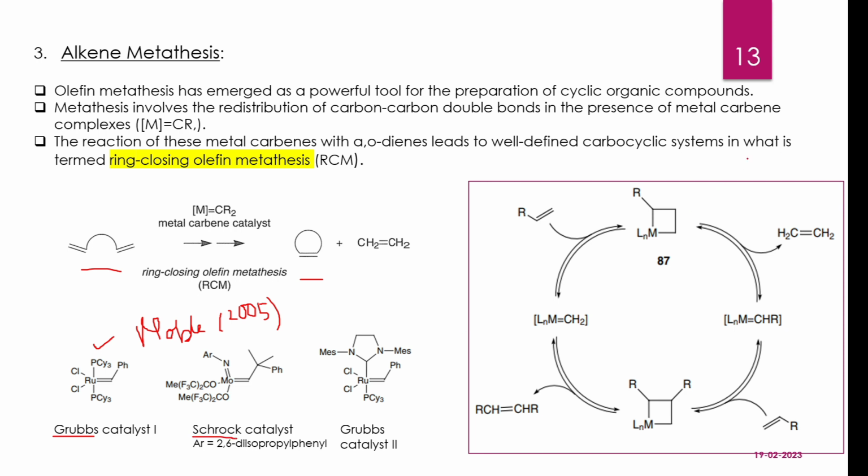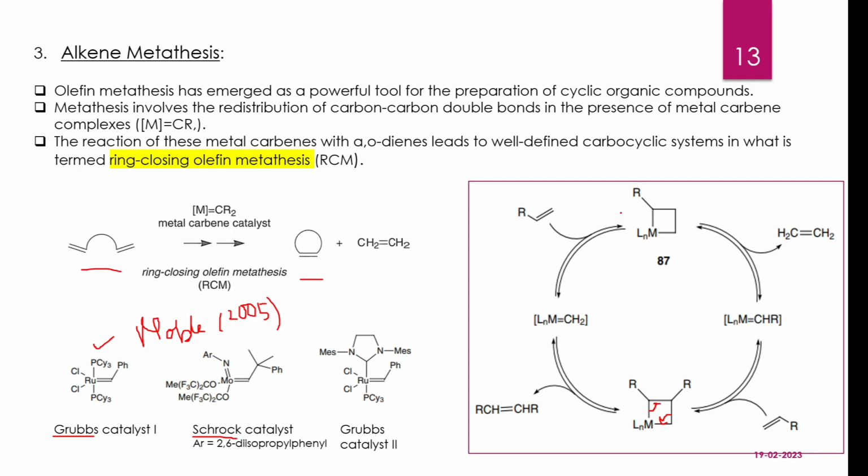So what is happening? First we add this type of metallocarbene complex, and it forms a cyclic intermediate with the first alkene, and then through an elimination process it gets removed like this, giving us this again.